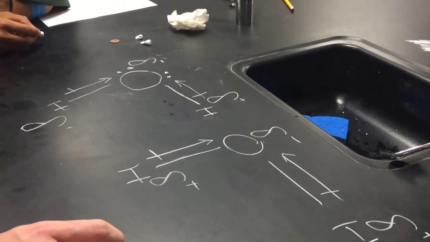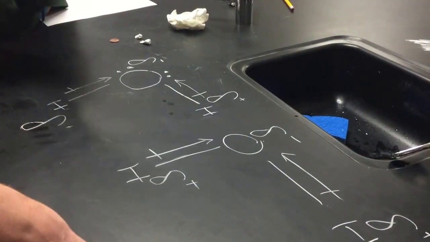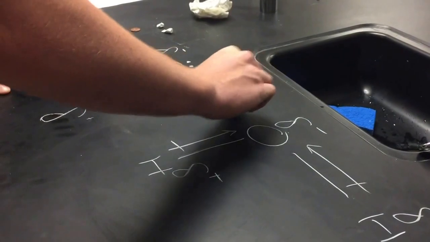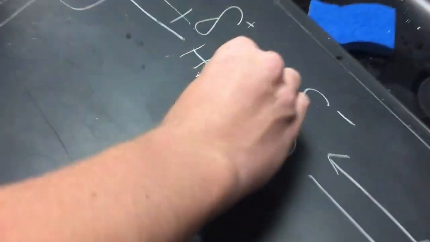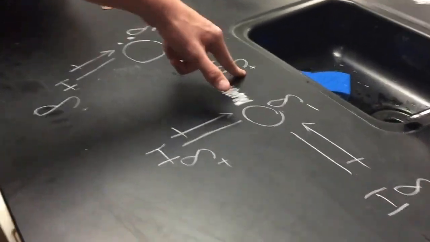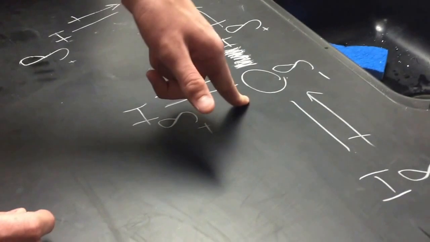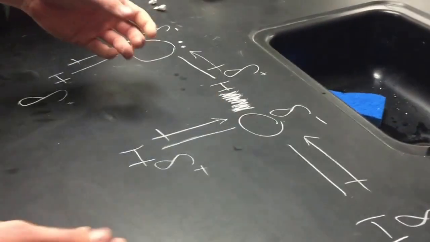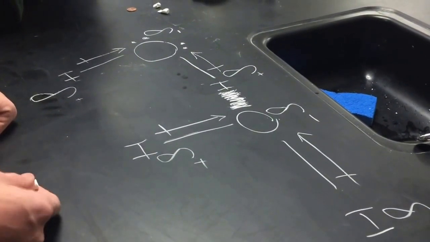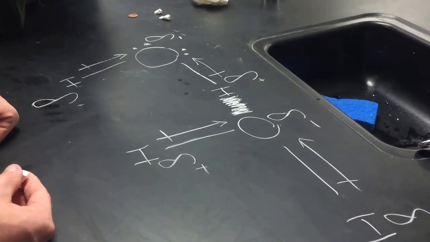In order to do hydrogen bonding, you need a hydrogen atom and an oxygen atom. As you can see here, there's a hydrogen and an oxygen, so there's going to be a force that forms right between here that holds those two molecules together. This happens because hydrogen is almost a positive ion and oxygen is almost a negative ion. Positive and negative attract, so they're going to form an attraction force.